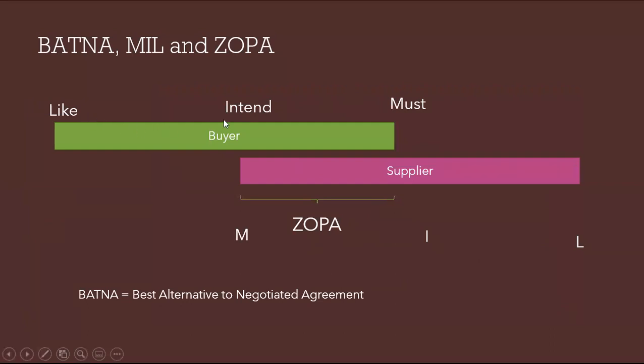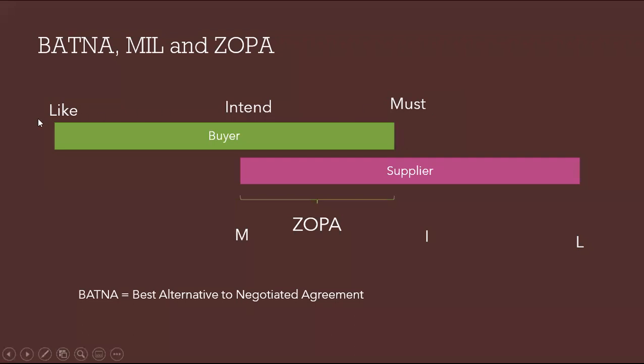This is an acronym for setting targets. Instead of setting one target, you should set a range of possible targets. Must is the highest or lowest possible option you may have.